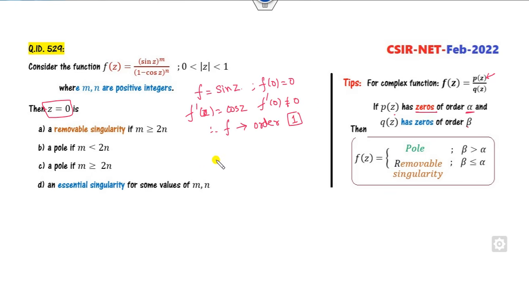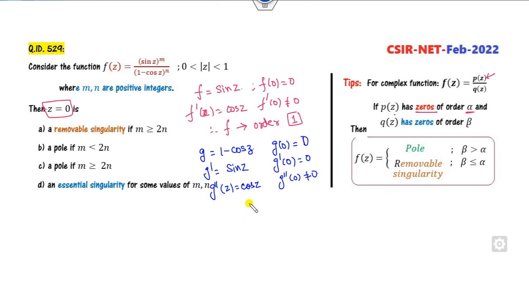Fine. Now if I take the denominator, say g is 1 minus cos z. So g of 0, cos 0 is 1, so it is 1 minus 1, 0. Derivative sin z, derivative 0. G double dash is my cos z, which is non-zero. So it means g has order 2. But here this is raised to the power m.